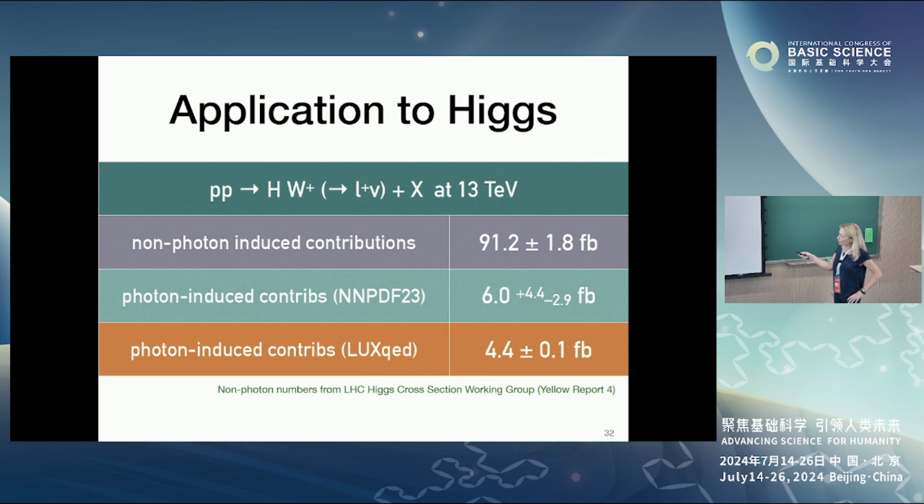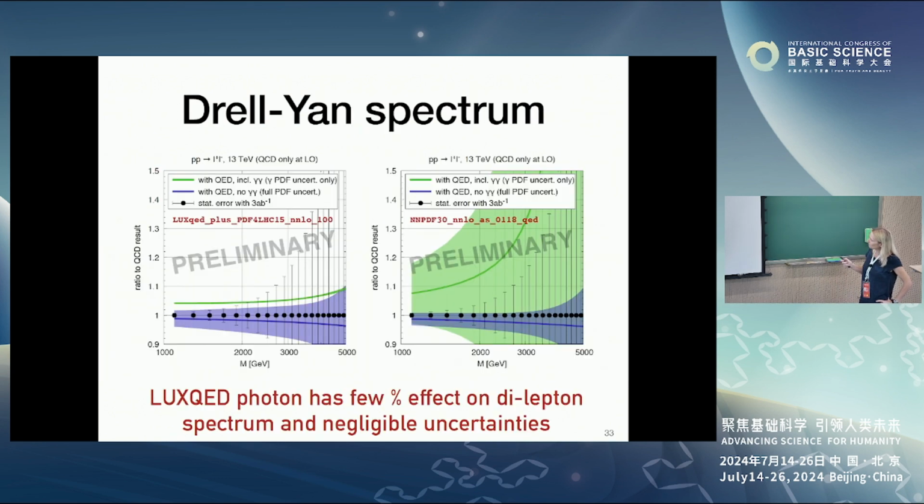The same is true also for other processes. This is really just one example that I want to show here. Again, you can look, for instance, at the Drell-Yan spectrum, as a function of the invariant mass. High invariant mass is always of interest for new physics searches. So these are some uncertainties on data, statistical uncertainty. This uncertainty will go down now with time.